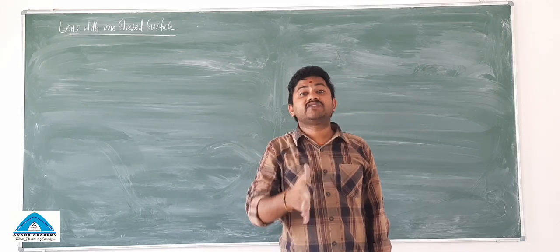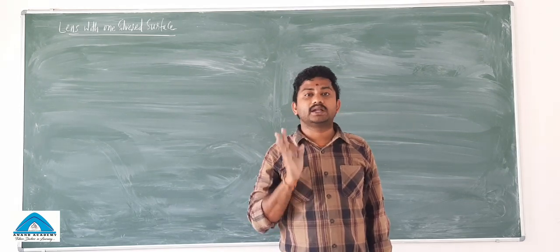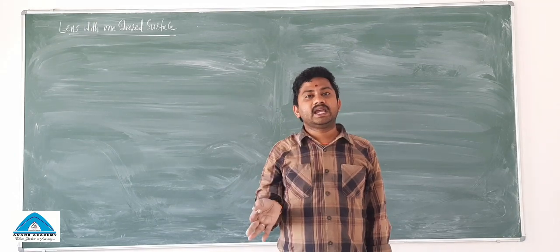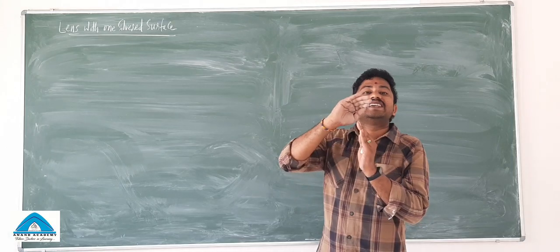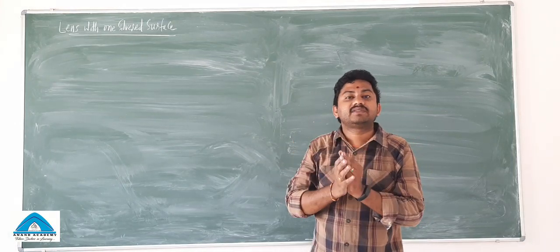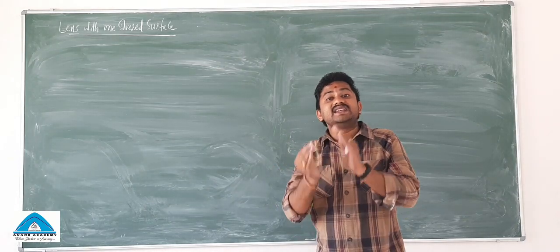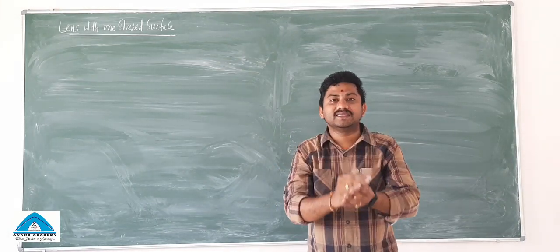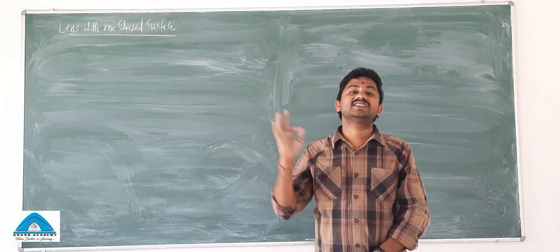There was a derivation for that which we have not discussed. It's not required. In the same way, when there is a lens which is silvered on one surface, it will also have a net focal length.